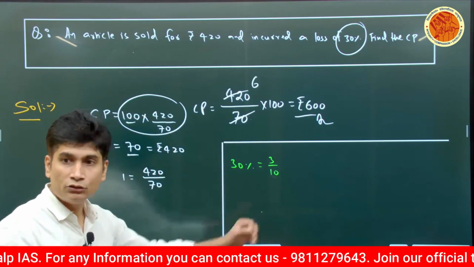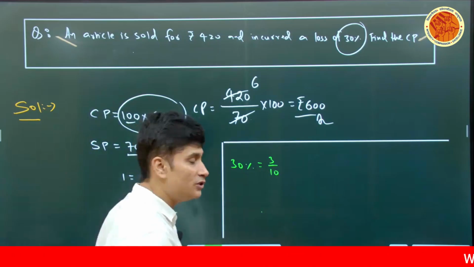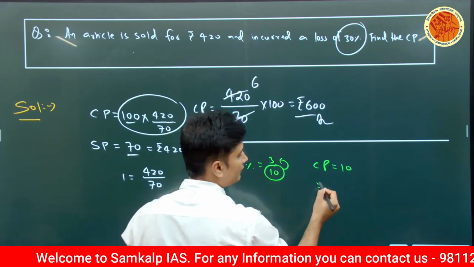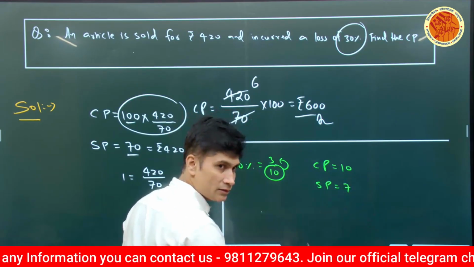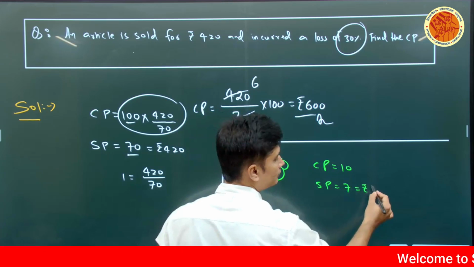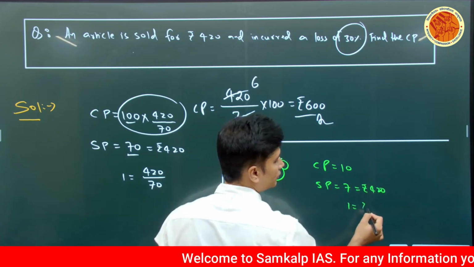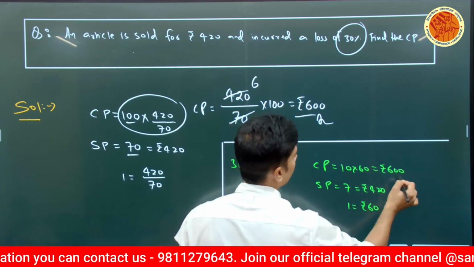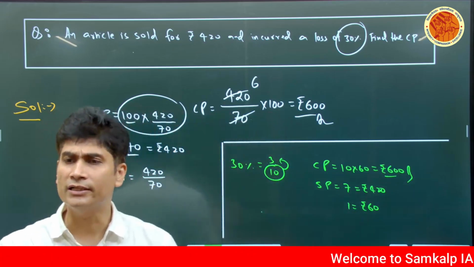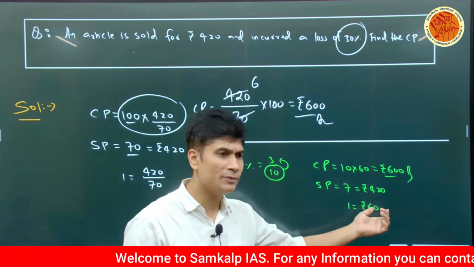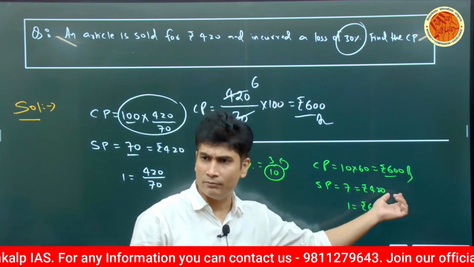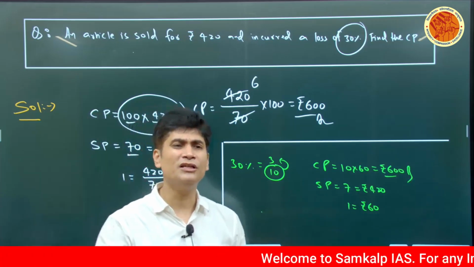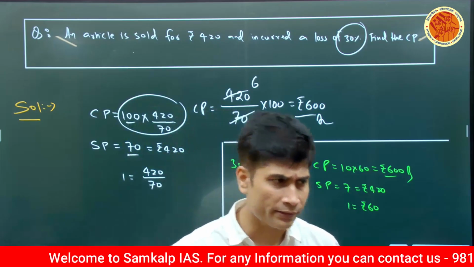In this scenario, if I assume my cost price to be 10 unit, then selling price will become 7, which is 30% less. 7 unit is equal to 420, 1 unit is equal to 60, and so cost price, which is 10 unit, is 600. It could be written in a single line, like 420 represented by 7, and cost price is 10, multiply directly by 10. Once you know these things, you will solve this type of question within 2-3 seconds, 4 seconds, not more than that.